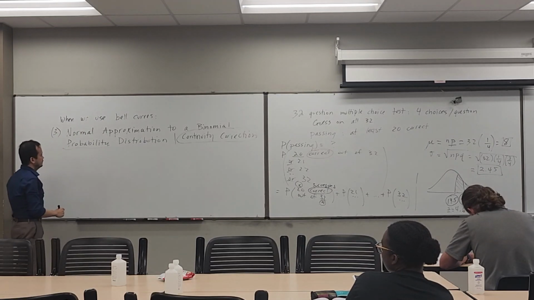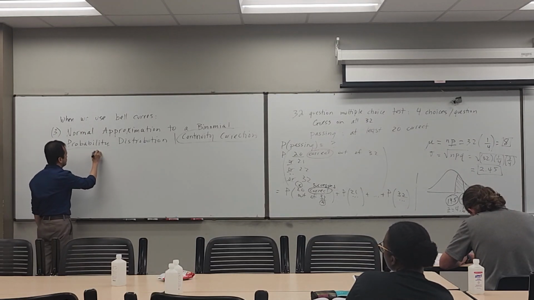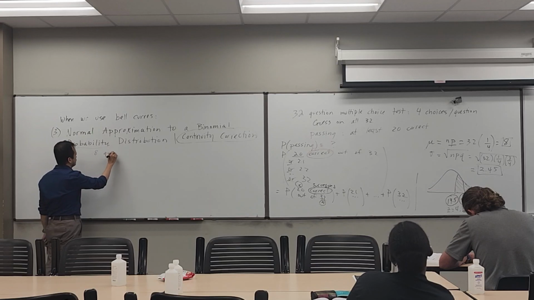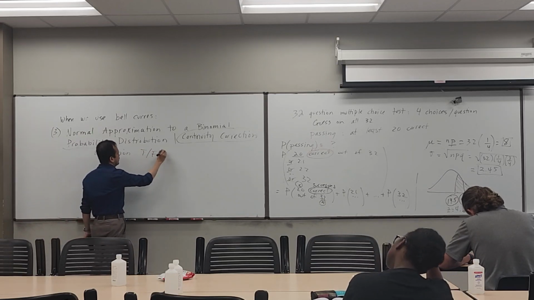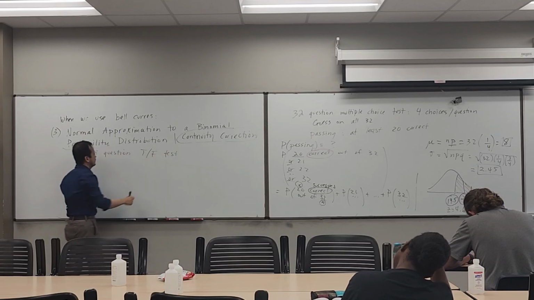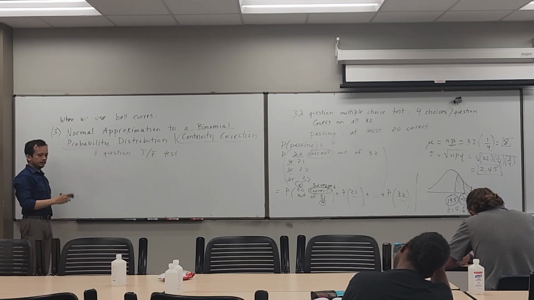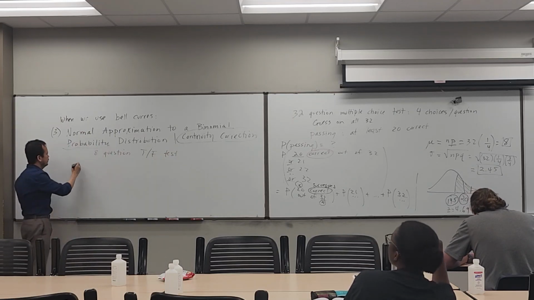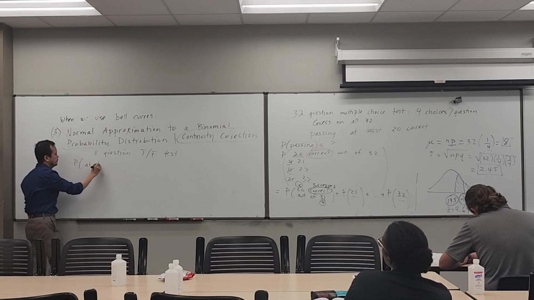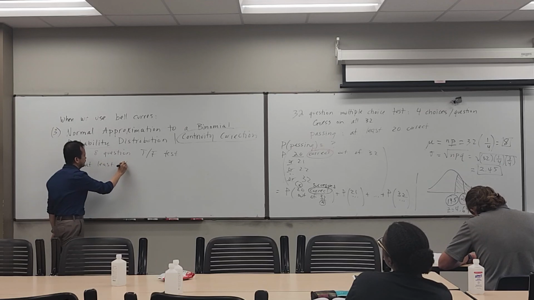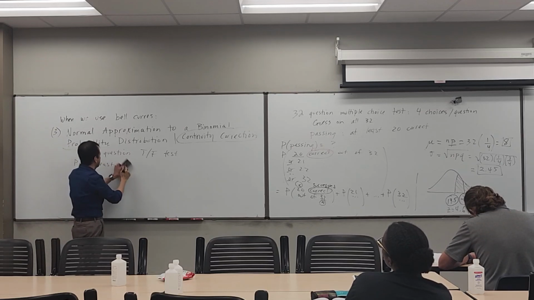So let's say that we have 8 question multiple choice tests, or 8 question true false tests. And let's say you guess on all 8 questions and you want to know the probability that you'll get at least 4 correct, or let's say at least 5 correct out of 8.